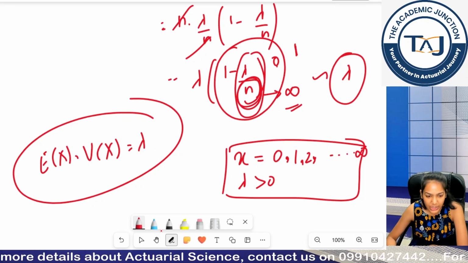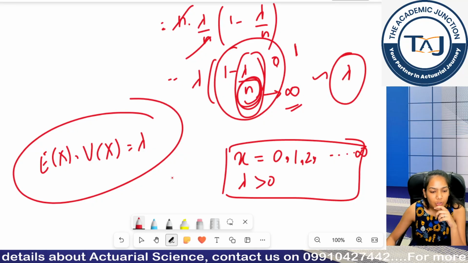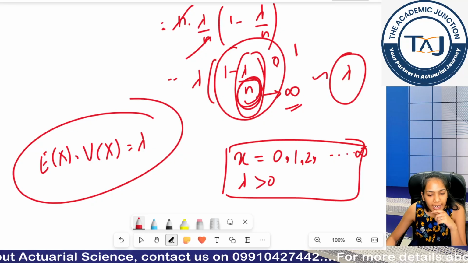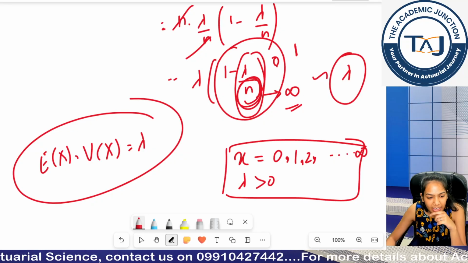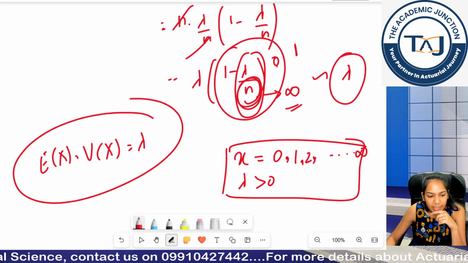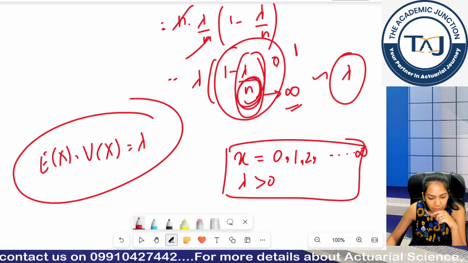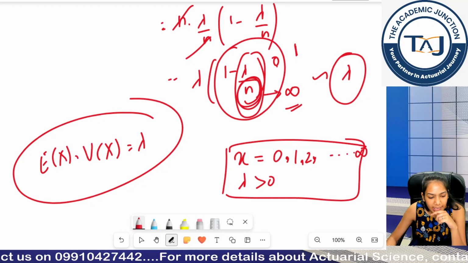Let me repeat the question. If goals are scored randomly in a game of football at a constant rate of 3 per match, calculate the probability that more than 5 goals are scored in a match. Quickly do it and tell me the answer.